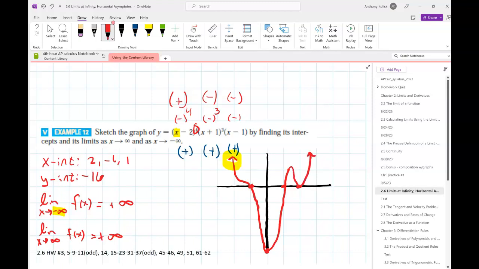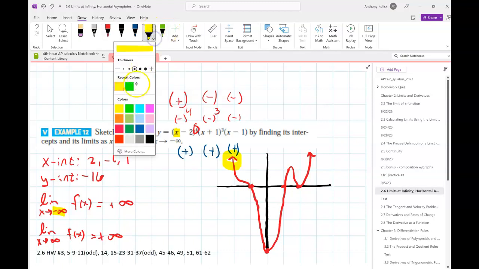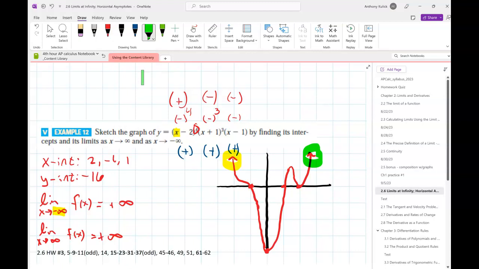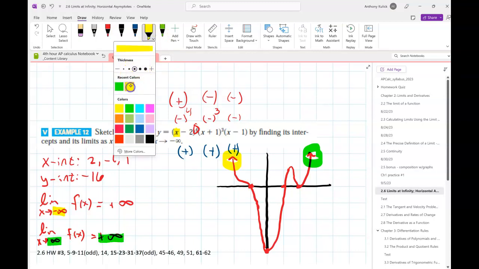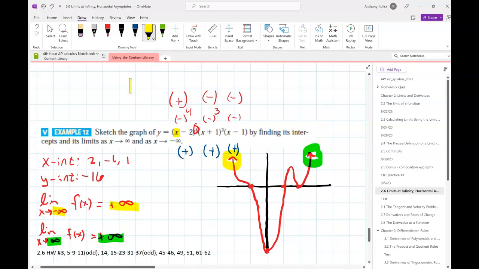And because the end behavior should be going to positive infinity, the arrow just points straight up. So there's my picture.